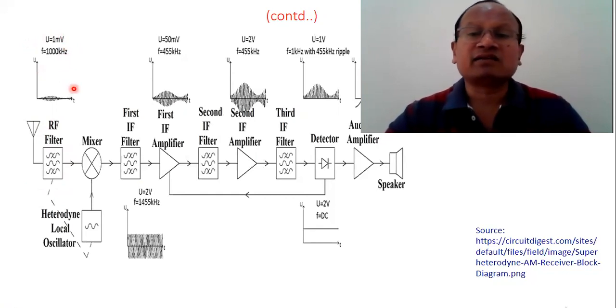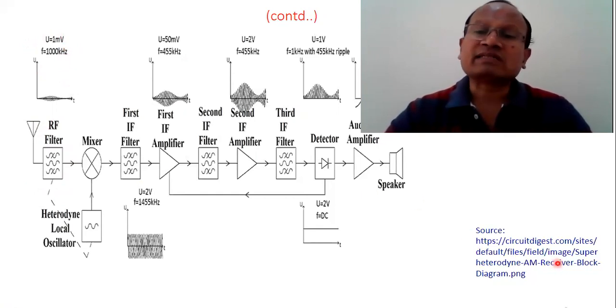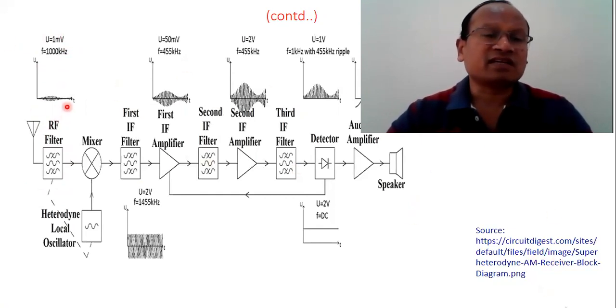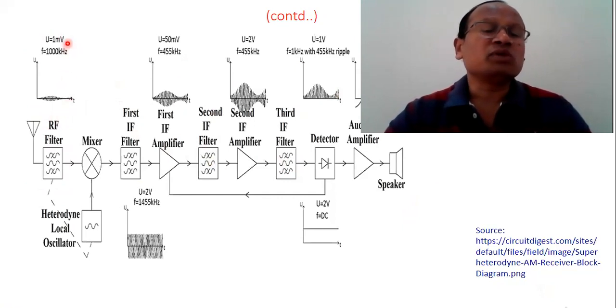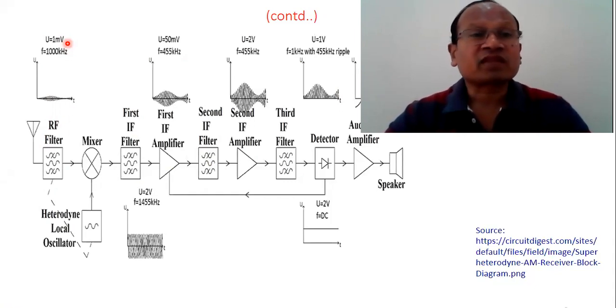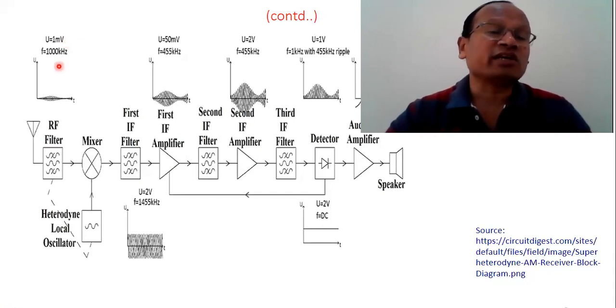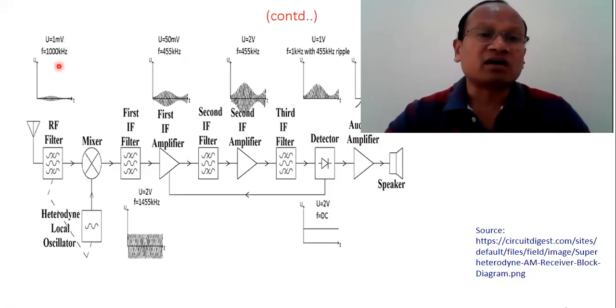Just to highlight, I have taken this example from circuitdigest.com, so the credit goes to this image source. So let us say this is a signal which is received, which has signal strength 1 millivolt, because it has traveled a long distance and signal strength has become less. The frequency is 1000 kilohertz, meaning 1 megahertz.